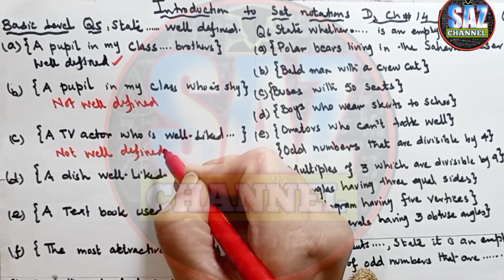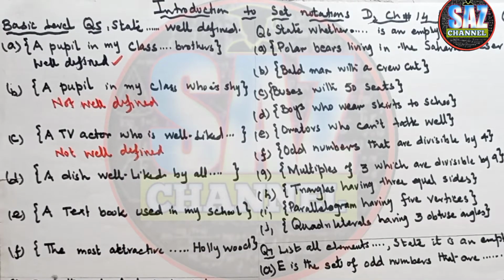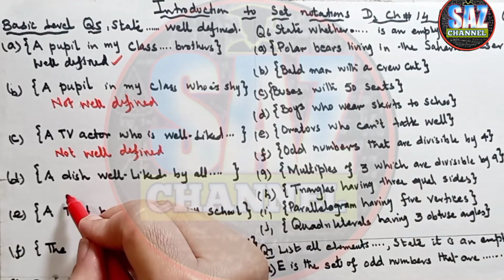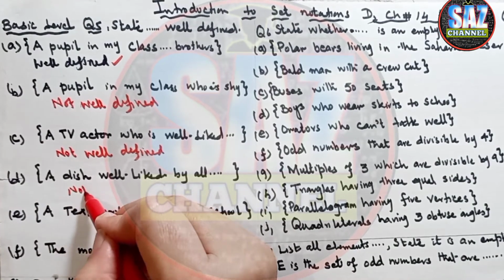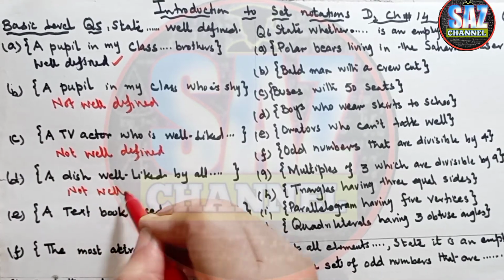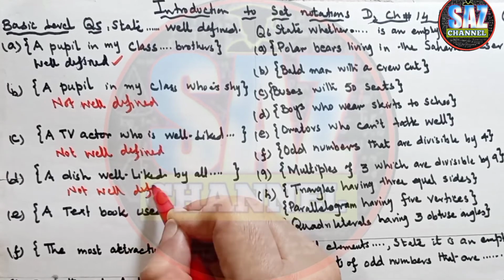Coming to the next part, a dish well liked by all family members. It's really a matter of dispute every time to decide which dish is liked by everyone. So it's again not well defined.